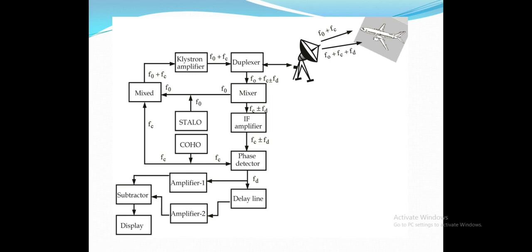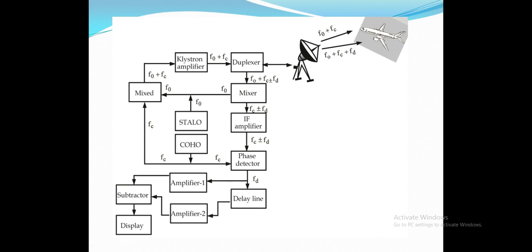Looking at the block diagram, the input to mixer 1 is from two oscillators, Stalo and Coho. Stalo means stable local oscillator, and Coho means coherent oscillator.